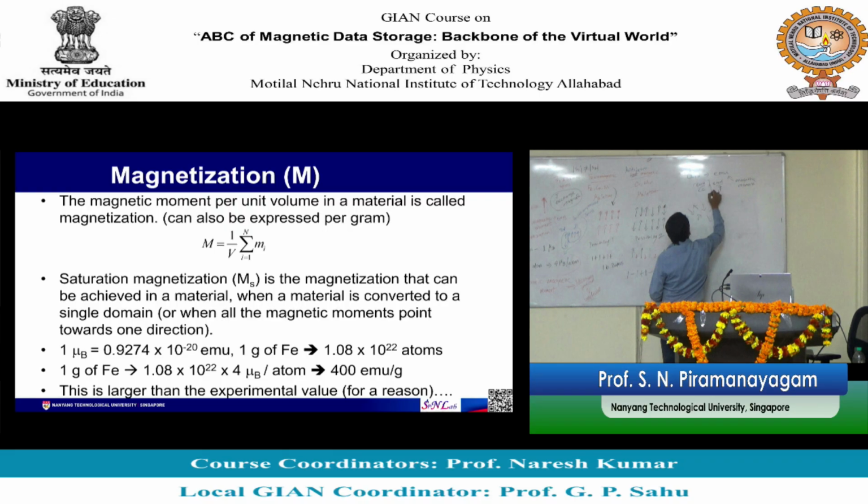So, people express magnetization in EMU per cc. Cc represents cubic centimeter volume and gram represents weight. Okay, you can divide by the mass or volume to get magnetization. Okay.